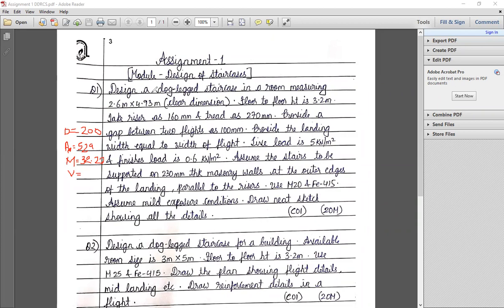Just give me the values what you have got. So it should be all approximately the same. Even if there are some changes in the depth you have considered, the other values should be the same only. Others, just give me the values.